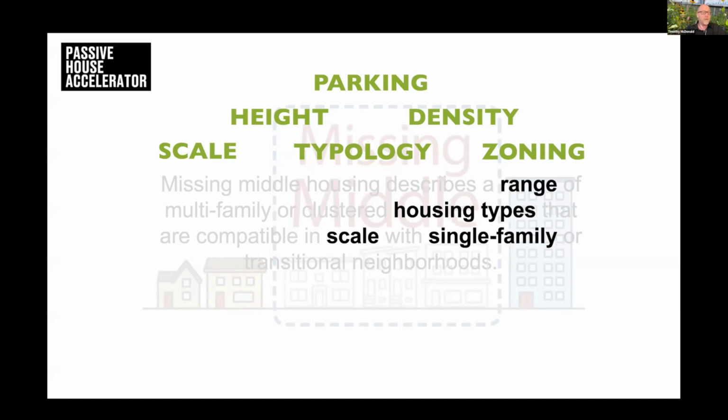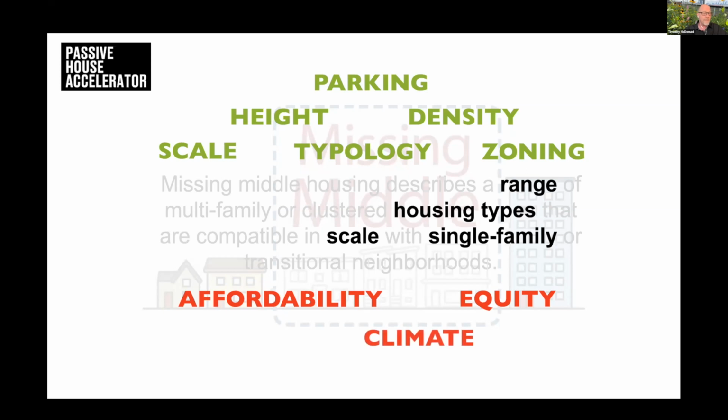Like maybe it could tackle the crises that we all seem to be here for. The affordability crisis, for instance, the equity crisis that has come upon us very clearly in the past several years. And of course, the climate crisis facing communities in North America today.